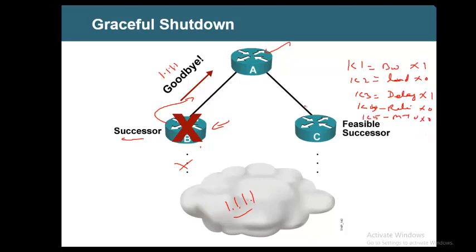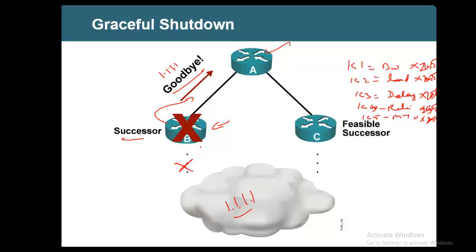Now, what does this do? When a path breaks, when B understands that 1.1.1.1 is no more reachable, it immediately sends a goodbye message by putting all K values 255. Load multiplied by 255 is a very bad metric. Delay multiplied by 255 is a very bad delay. All multiplied 255 times.